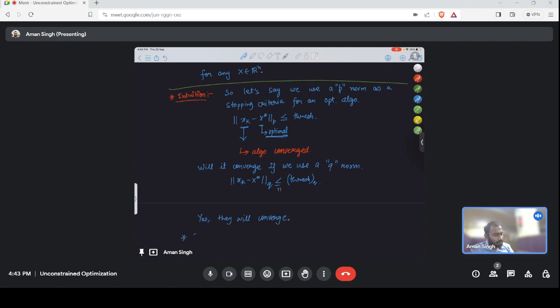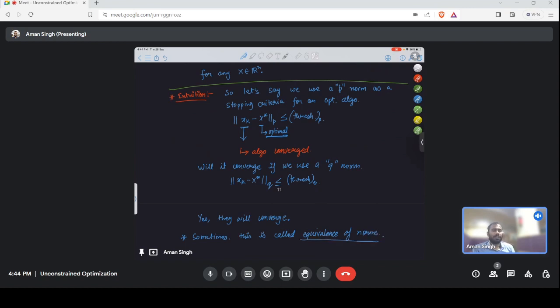This is because the threshold for q can be written in some form of the threshold for p, because of the above result. So sometimes this is called equivalence of norms.